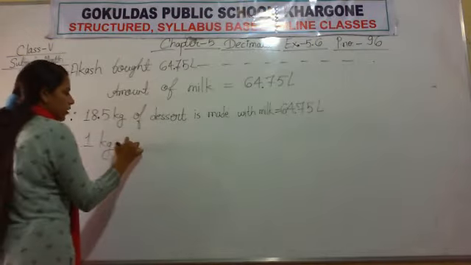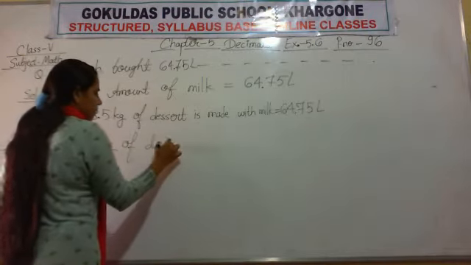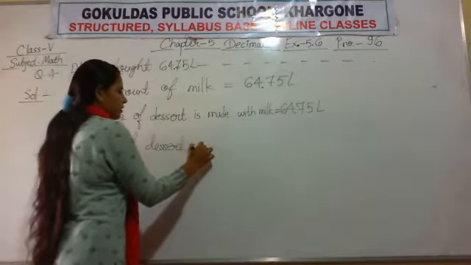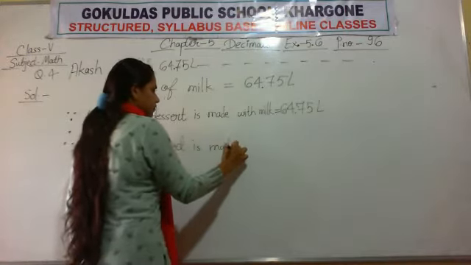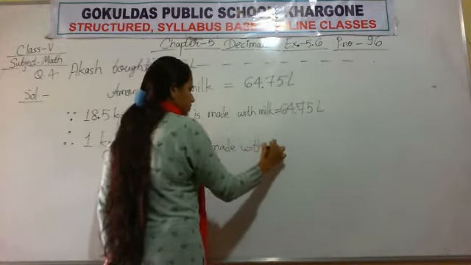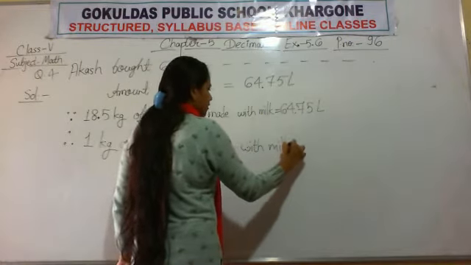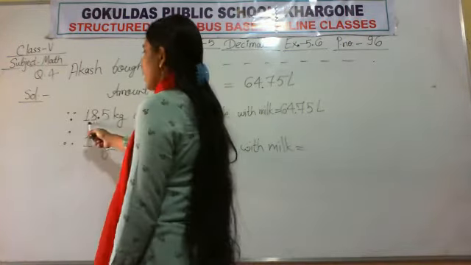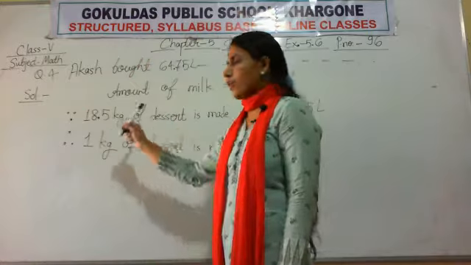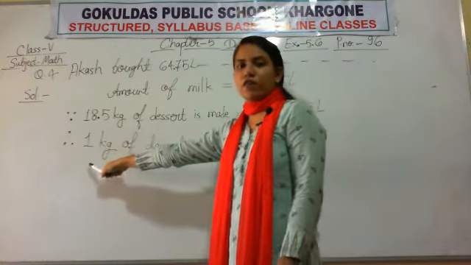So 1 kg of dessert is made with milk equal to, here the data for 18.5 kg is given and you want to find for 1 kg.